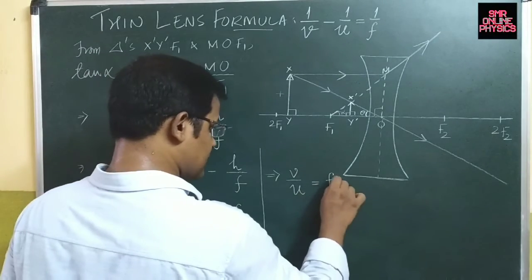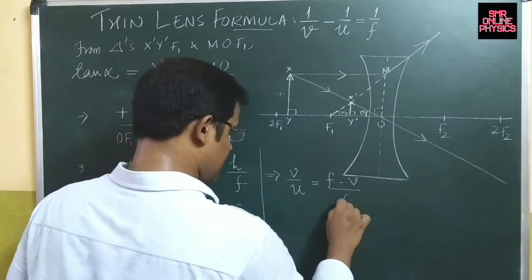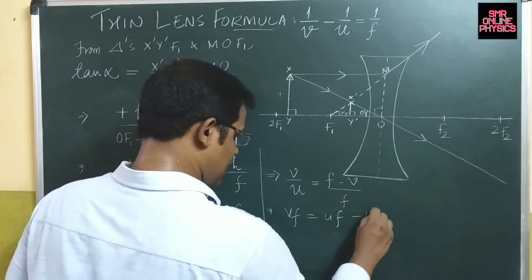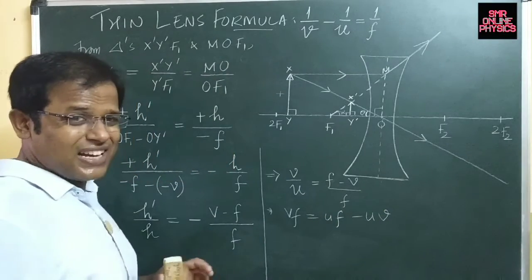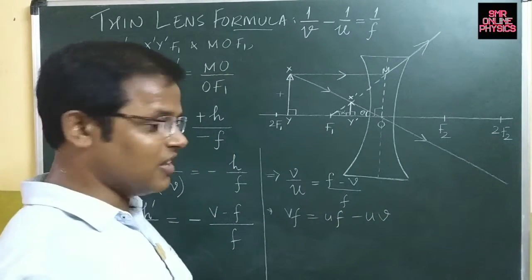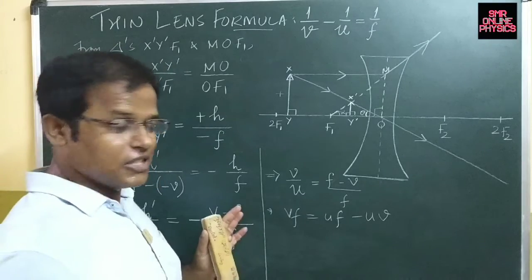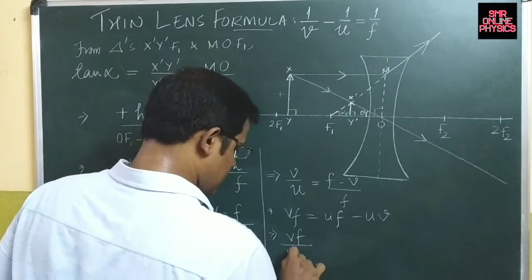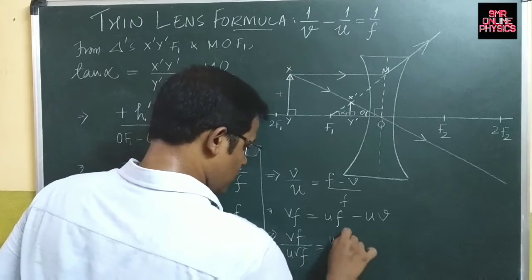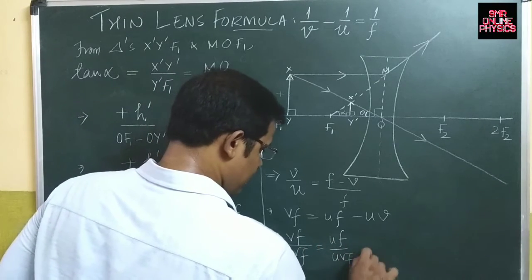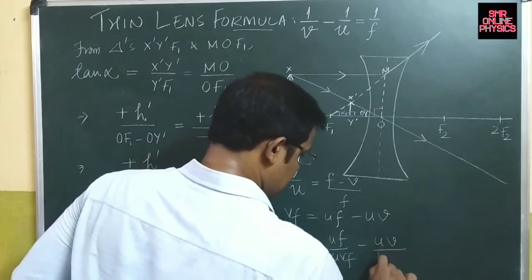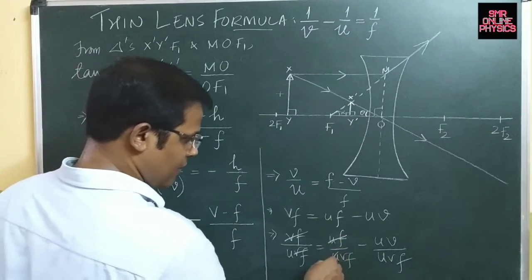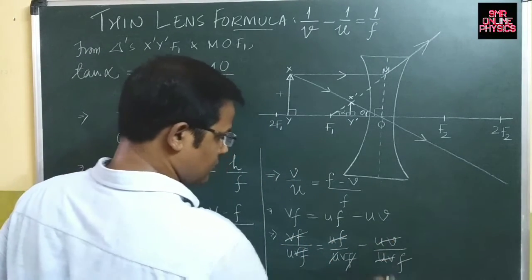So I can write it as f minus v by f equals v by u, or vf is equal to uf minus uv. Now you exactly know, because you have seen it already for spherical mirrors, that we divide all the terms by uvf. So vf divided by uvf, uf by uvf, minus uv divided by uvf, and you get a lot of terms getting cancelled out. uf is out, uv is out.